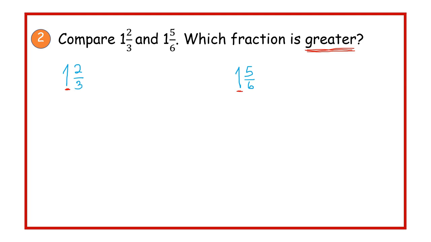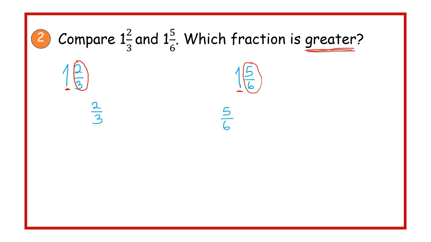Since 1 is equal to 1, let us now move on to the part of a proper fraction, where we have 2 out of 3, and we have 5 out of 6. So let's have 2 out of 3, and we also have 5 out of 6.